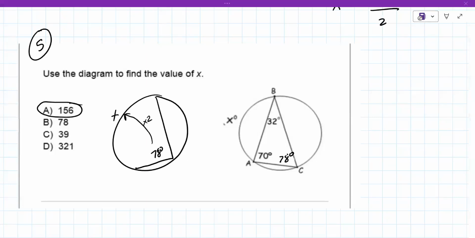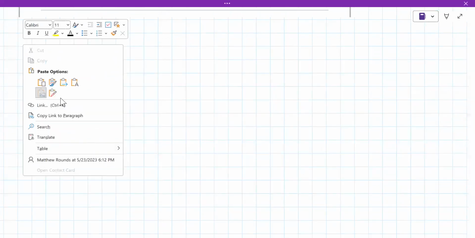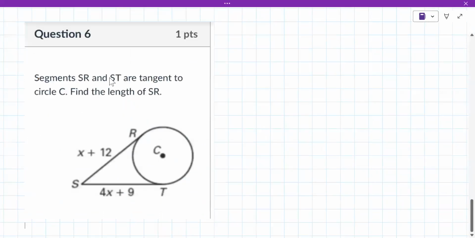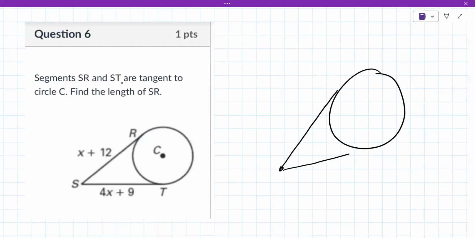Okay, here we go. Let's look at the next one here. All right, segments SR and ST are tangent to circle C. So when you have a point outside a circle and you draw 2 tangents, the tangents are always congruent.